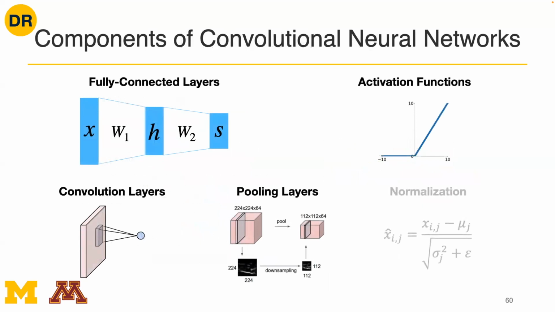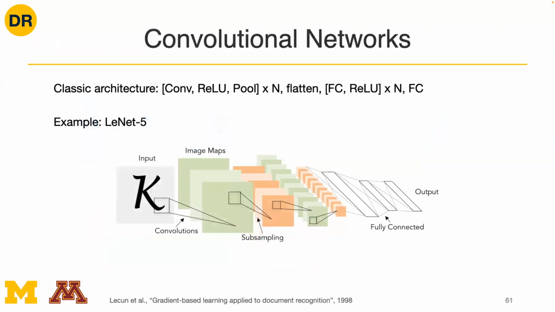Okay, so now we've built up what a fully connected layer is. We saw the benefit of activation functions for fully connected layers. Today we looked at convolutional layers and pooling layers. So we actually have all the tools we need now to start building up one of the classic, core architectures you'll see in CNN applications.